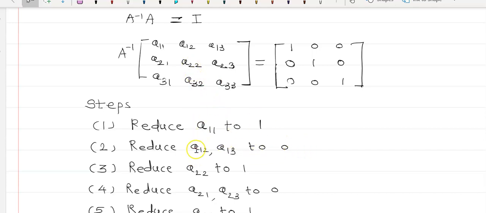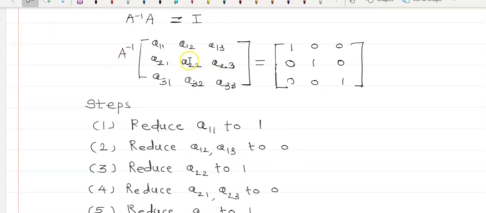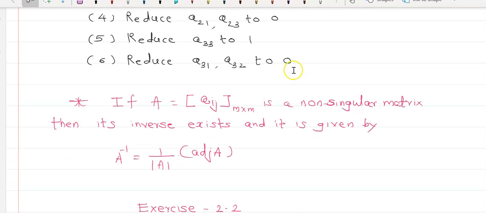Next is A22 as 1, then A21 and A23 as 0. A33 as 1 and A31 and A32 as 0. Then you will get A inverse into identity, that is another matrix C. Therefore A inverse is equal to the required matrix.